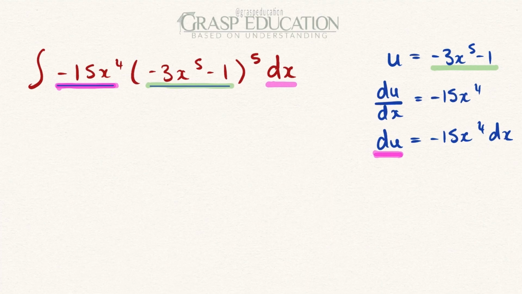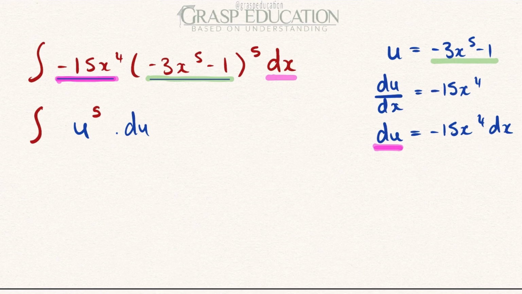Therefore, I can rewrite this in terms of u. I can say that this is u to the power of 5. As we see, there is an exponent of 5 at the top, multiplied by du. So therefore, I have written everything in terms of u.